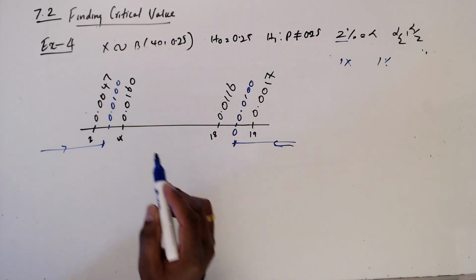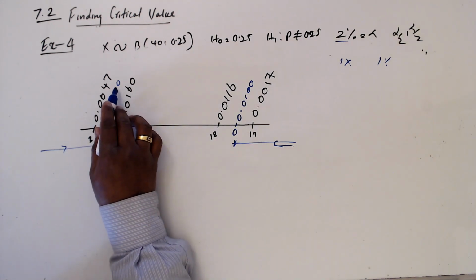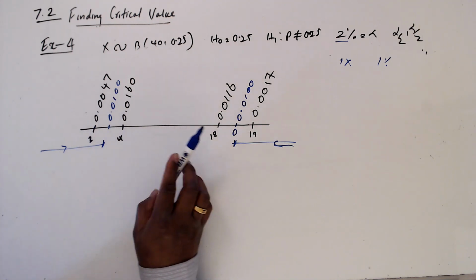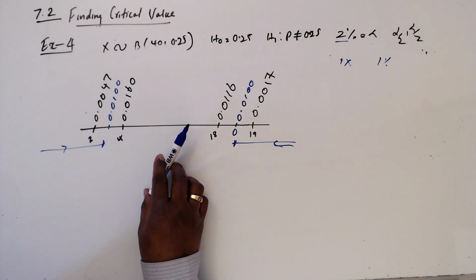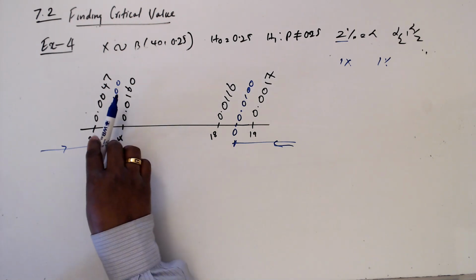And now usually we will select the value. This is applicable to the two-tail test.